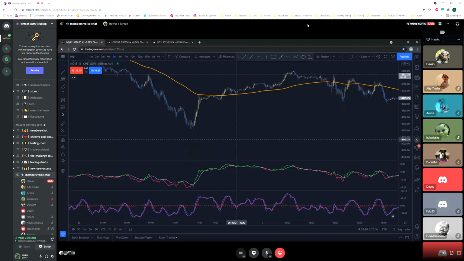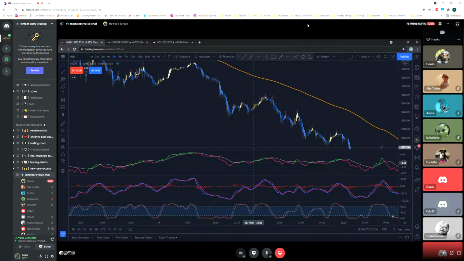One of the main things that Andy highlights with why he uses the TSI is because the stochastic RSI will become overbought or oversold, and then it flatlines. It'll flatline at 100 right here, and at 0 it just goes straight.